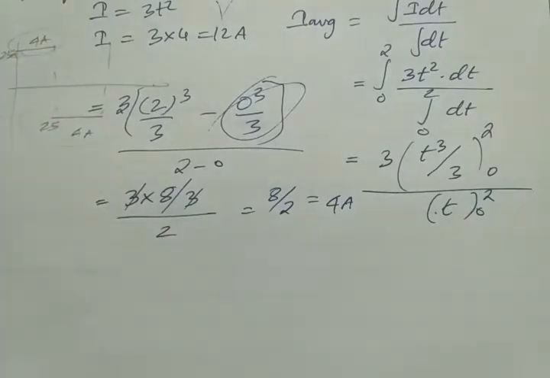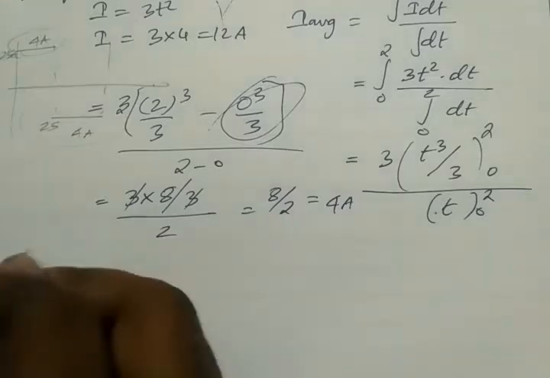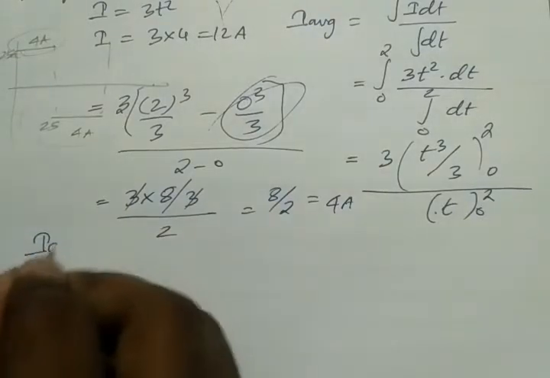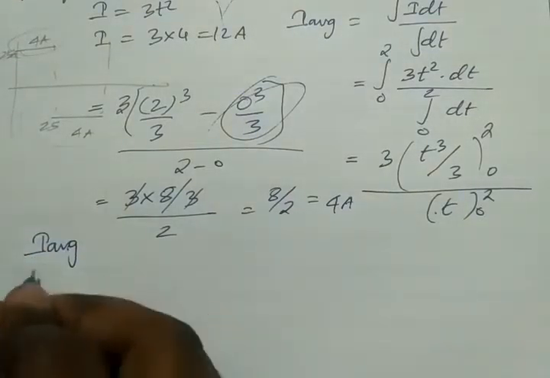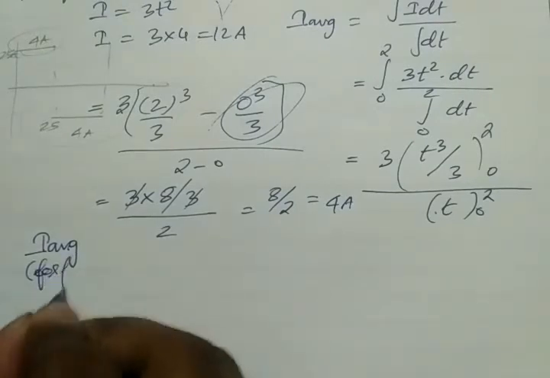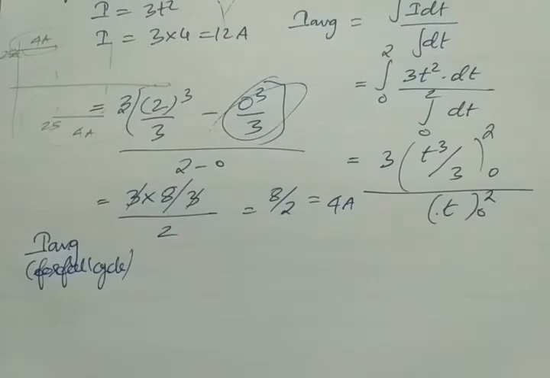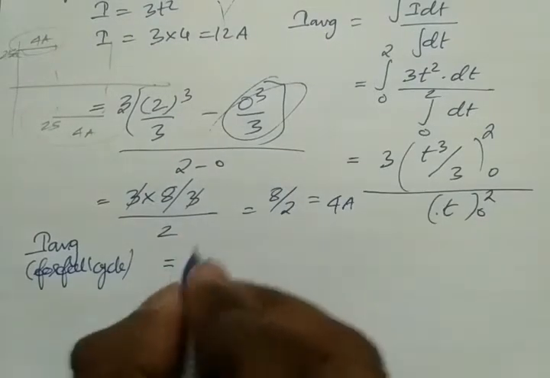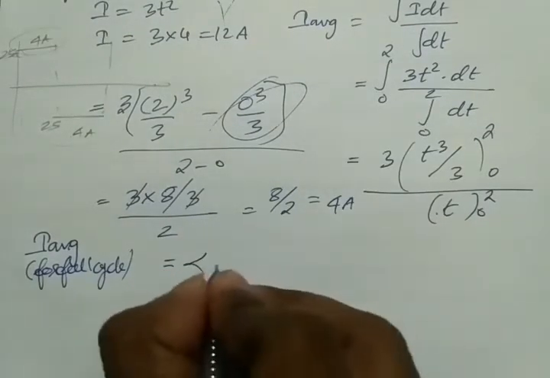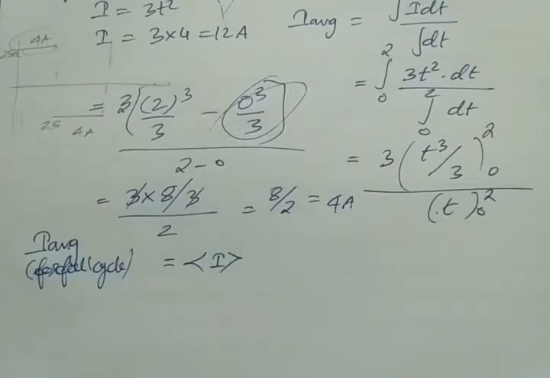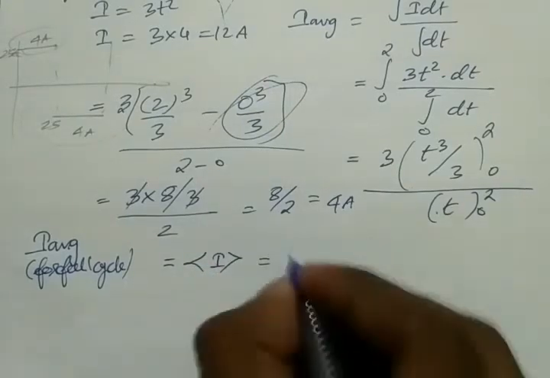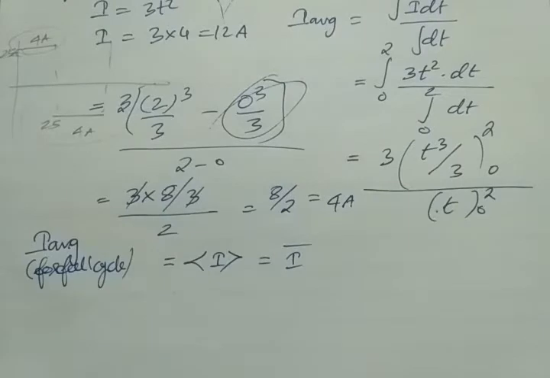Correct? So I can write I average for full cycle. For full cycle, we put a symbol for average like this, or we can use this symbol also, I bar.